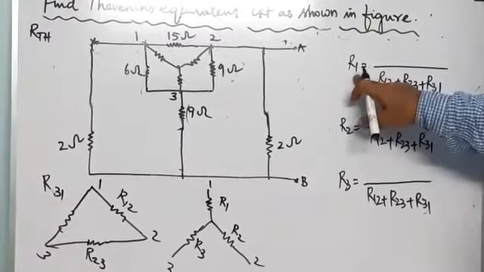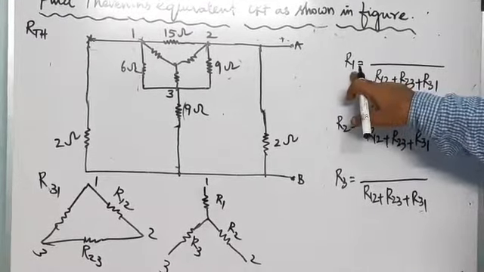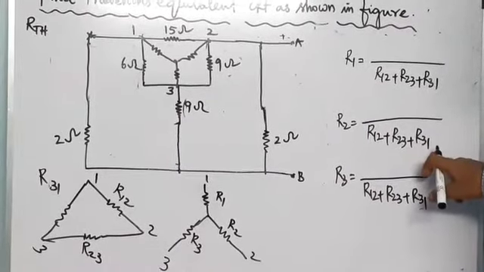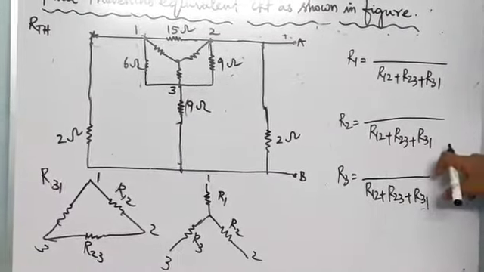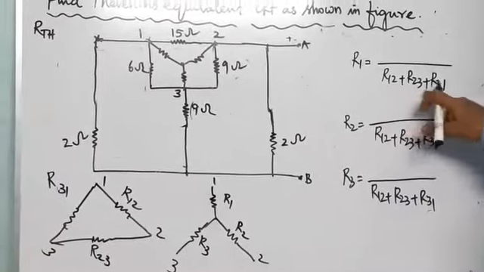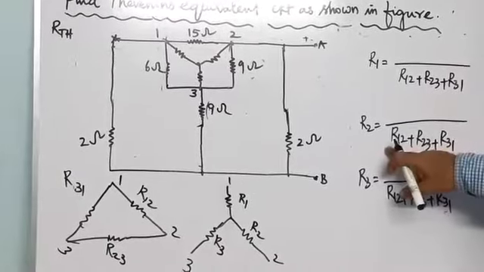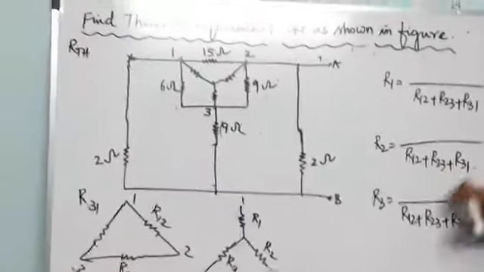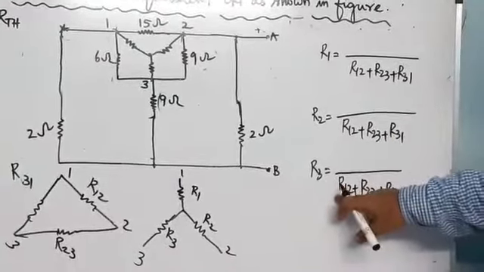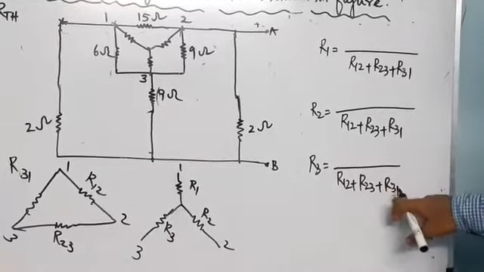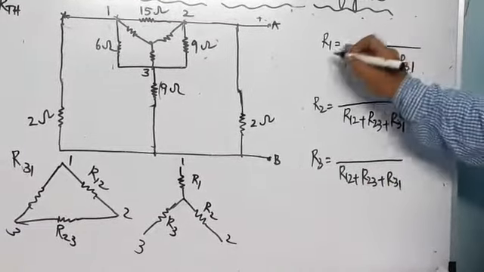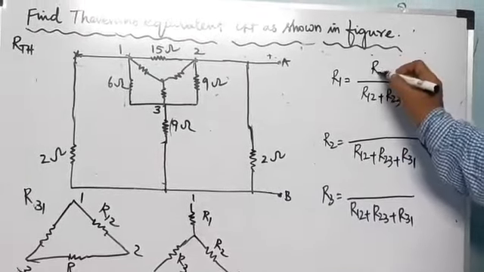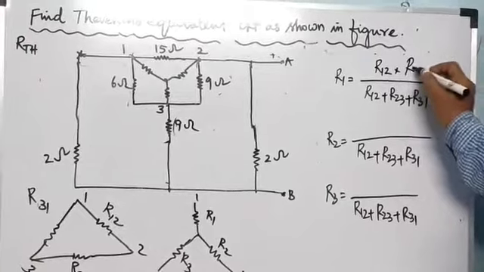So for the star connection R1, in the denominator you sum up all the resistances. That means R12 plus R23 plus R31. R2 also has denominator R12 plus R23 plus R31. Similarly for R3. Now R1 means in the numerator R12 into R31.